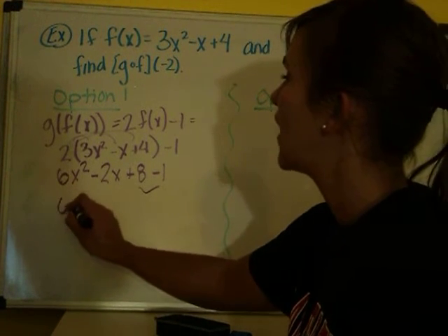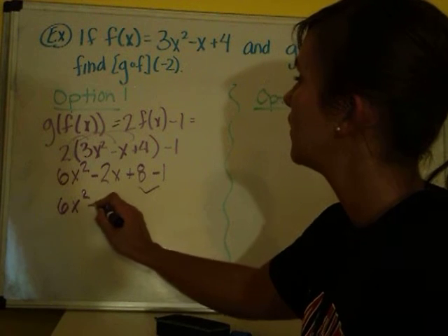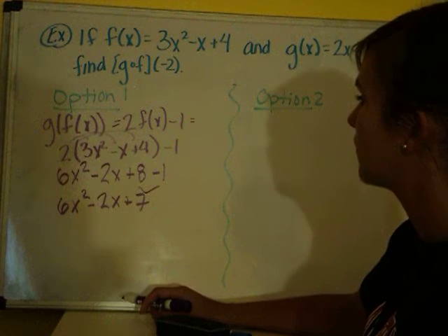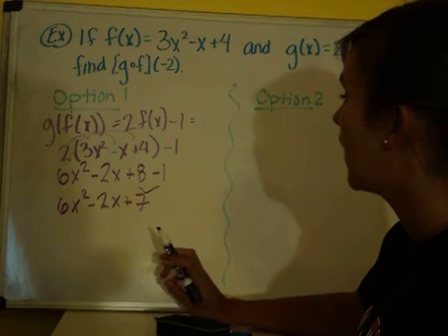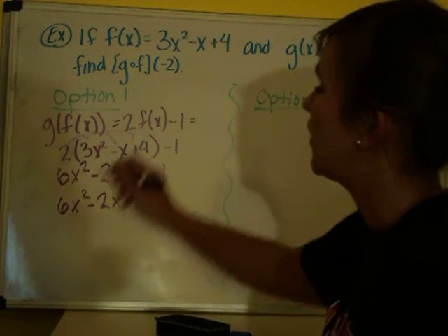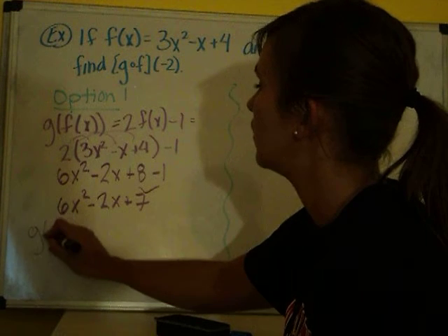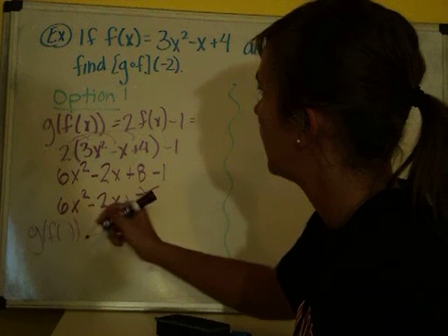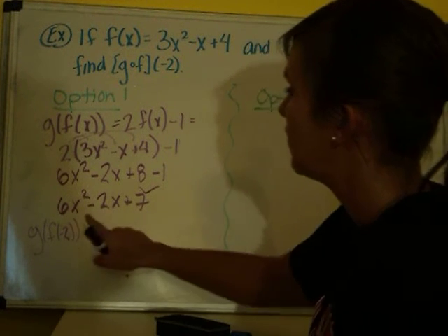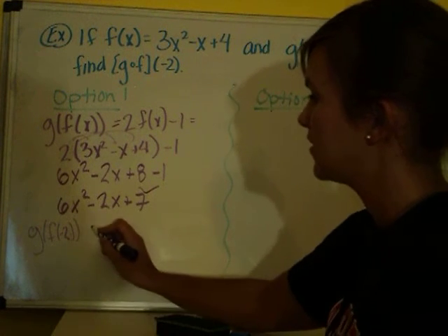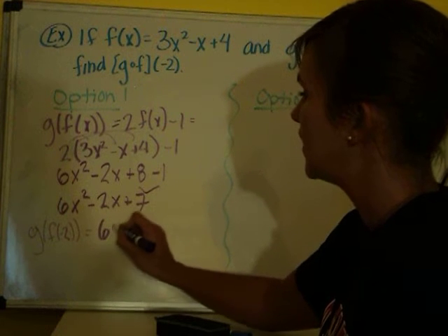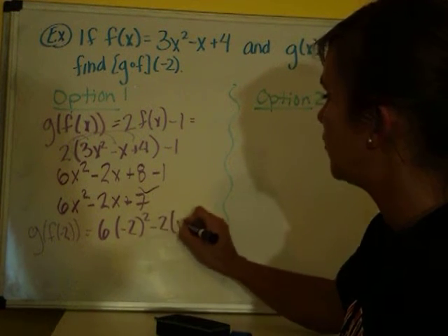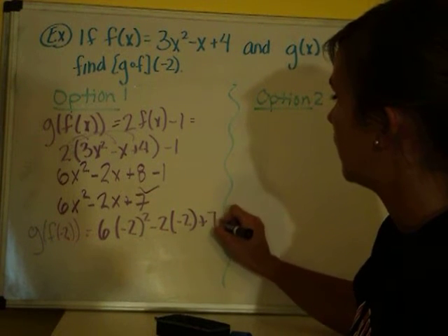Combine like terms, and I get 6x squared minus 2x plus 7. Now if I evaluate g of f of negative 2, that means I put in negative 2 wherever I see an x. So I'm going to have 6 times negative 2 squared, minus 2 times negative 2, plus 7.